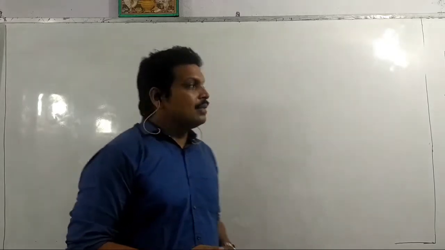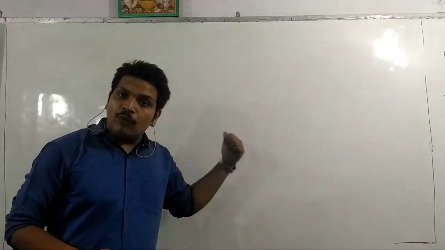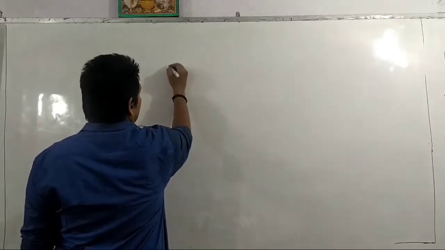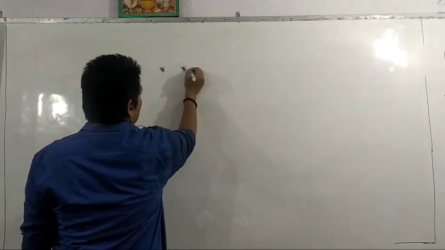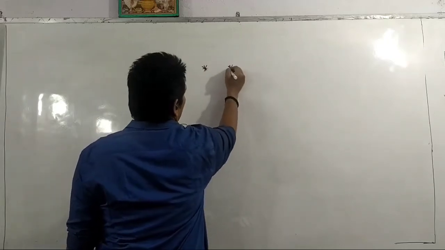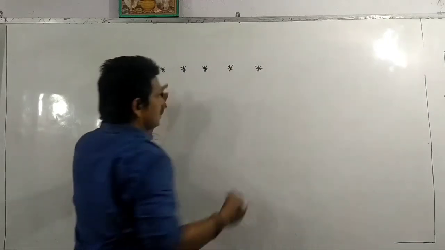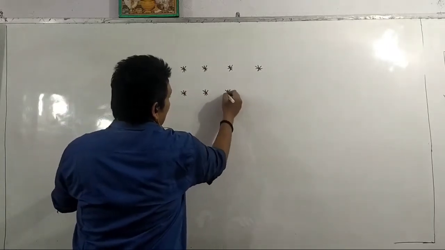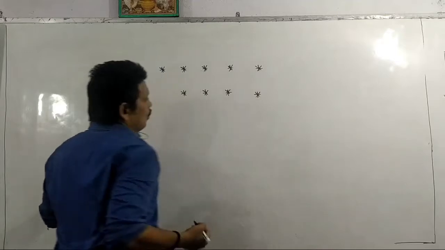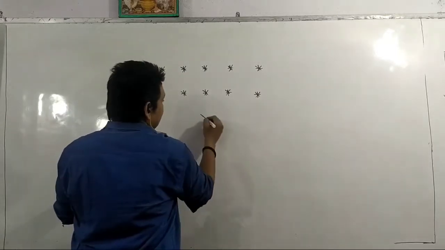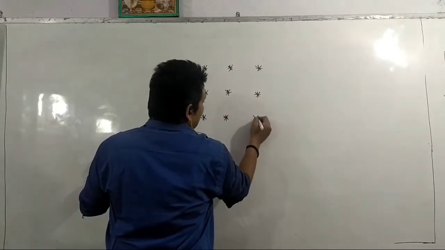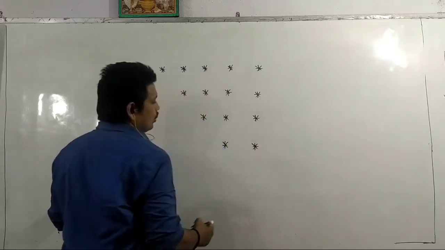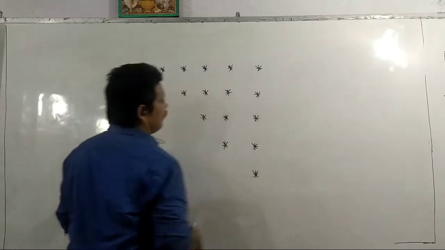In today's video class, I will discuss how to display the following pattern. The pattern is: 1, 2, 3, 4, 5 stars in the first line, then 4 stars in the second line, 3 stars in the third line, then 2 stars in the fourth line and 1 star in the fifth line.